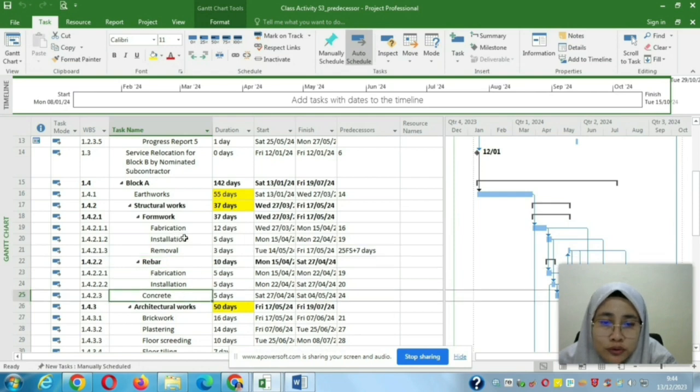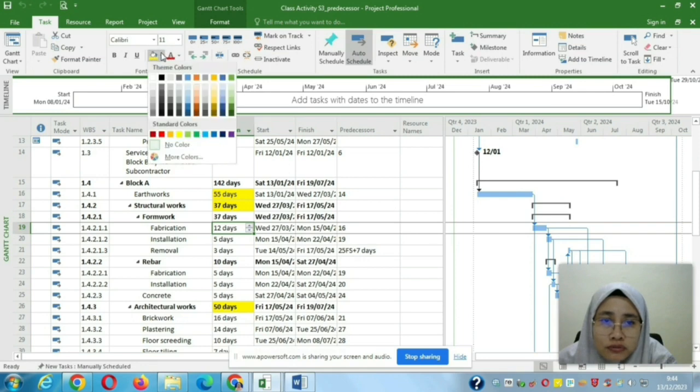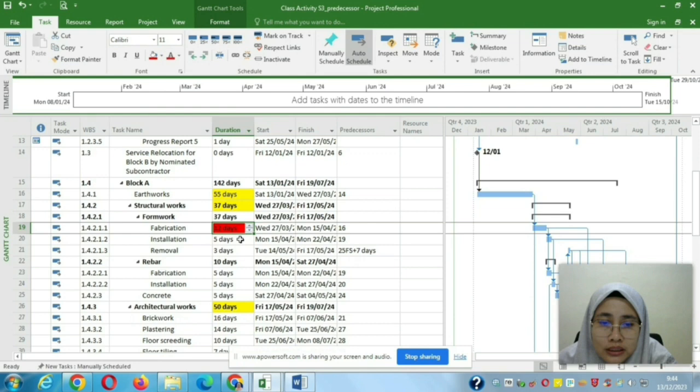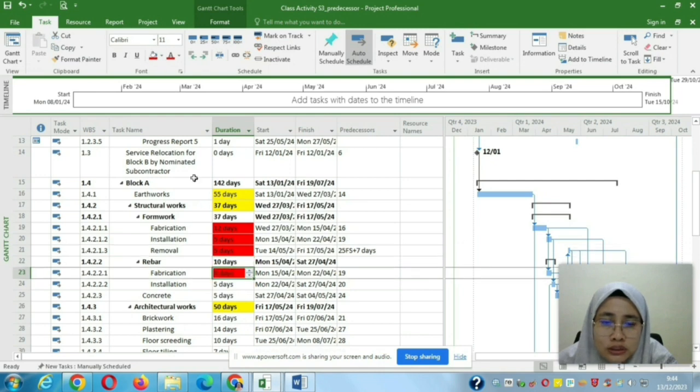So basically you fill up the tasks for structure work that are not bold in the software. Basically for the 37 days you have to segregate between all the tasks that are involved in structure work.